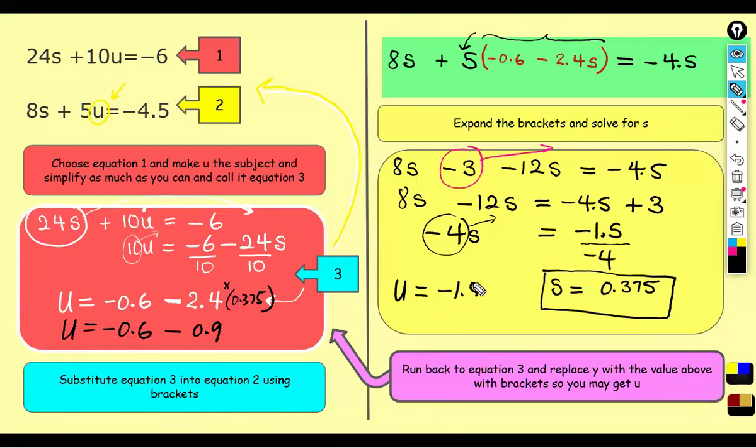Anybody getting minus 1.5 for the letter u? When you type in minus 0.6 minus 0.9 on your calculator. In case you're wondering how I got the 0.9, 2.4 multiplied by 0.375 will give you the 0.9. And that's the end of this one. It was kind of hard because of the decimals.